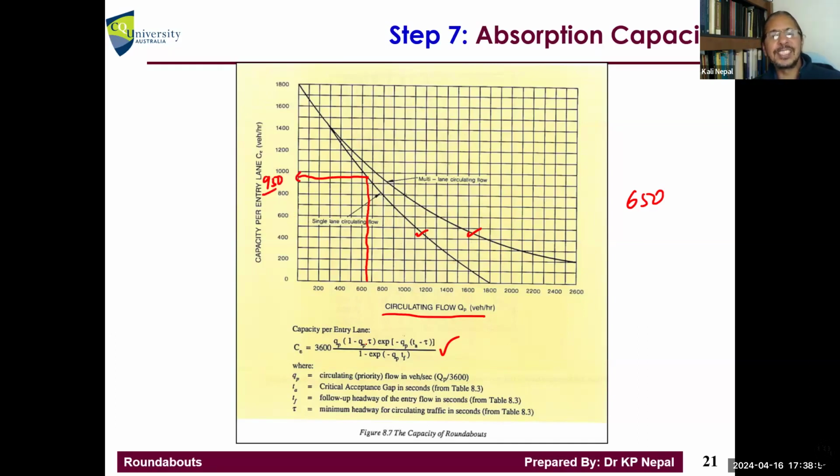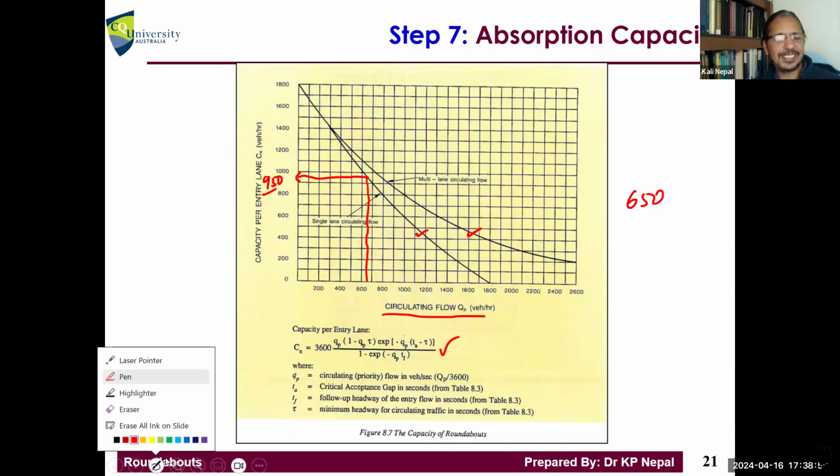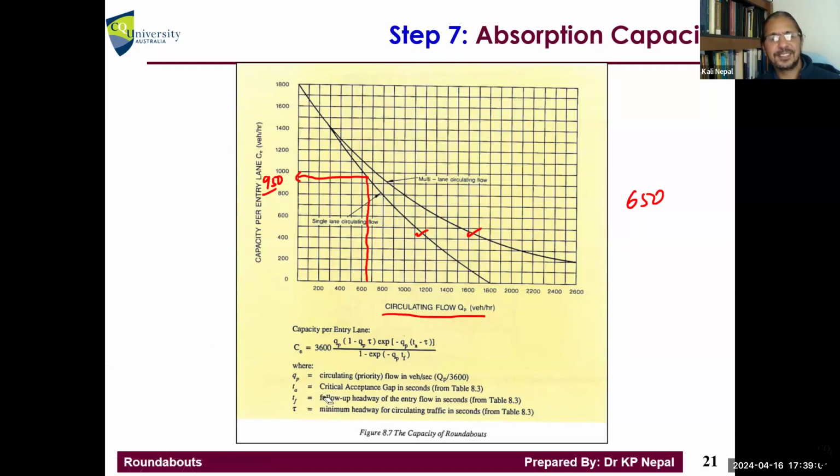But if you use these equations, you get the exact value. Let's use the equation. Could you please compute? So QP is the priority flow in vehicles per second. Tau is for a single lane roundabout, that's 0. And then TA is 4 seconds.